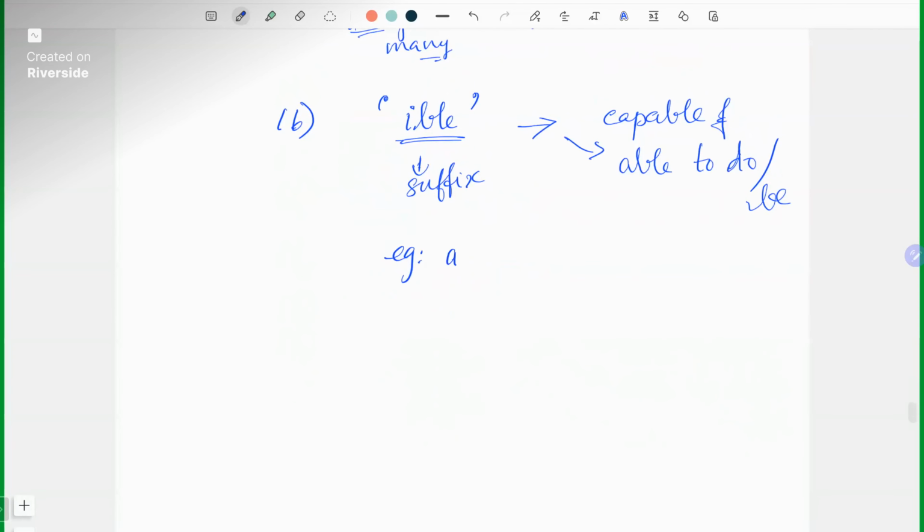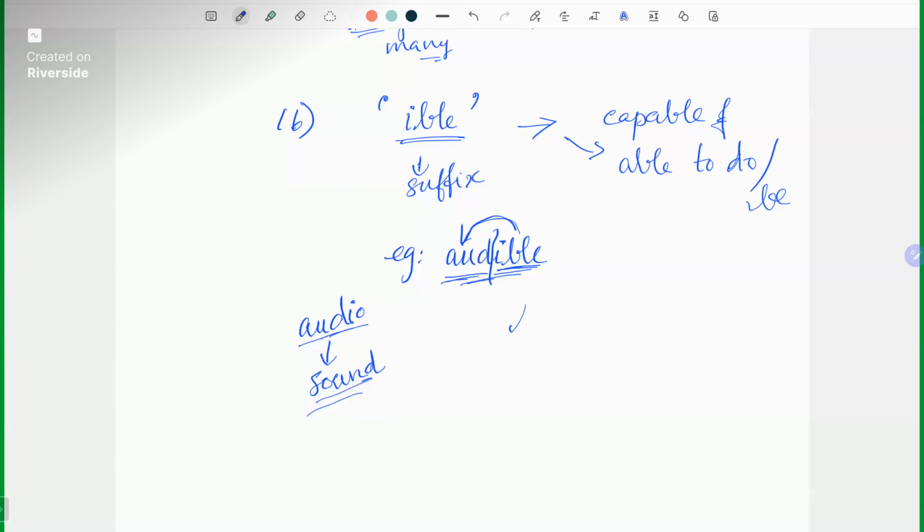Example, audible, able to hear. Audible, where do we use this? Audio, we use for sound. That is also a root word. And if you split it, the root word is sound, able to hear sound, that is audible.